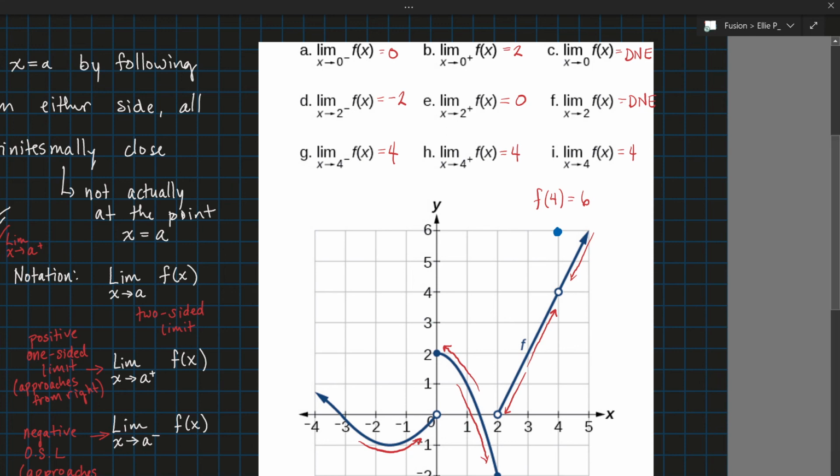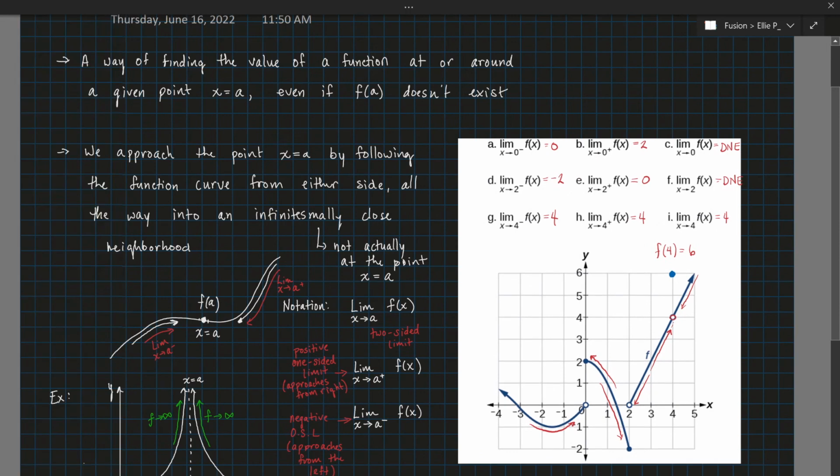And the behavior of the function as it gets closer and closer is that it approaches 4. It does not jump. We're following the function to that point and seeing what it approaches.